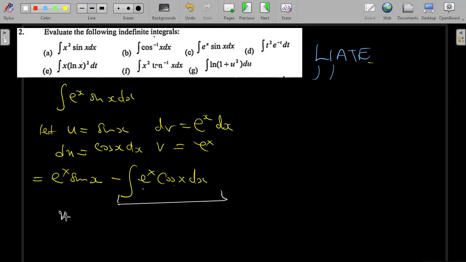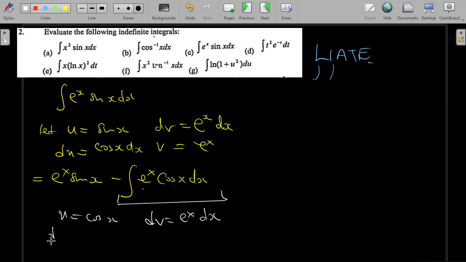So again, I let my u be cos x, then dv is just what has remained, which is e to the x dx. Now I should differentiate.